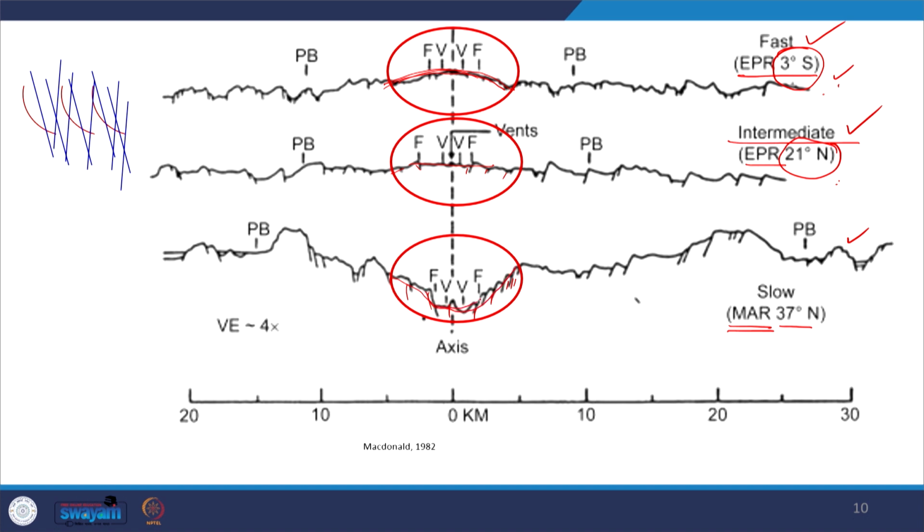That means we have a central graben through which magma is erupted. If you remember from a few minutes back, this plate boundary zone is represented by listric normal faulting, and due to these listric normal faults magma eruption occurs around this central axis.